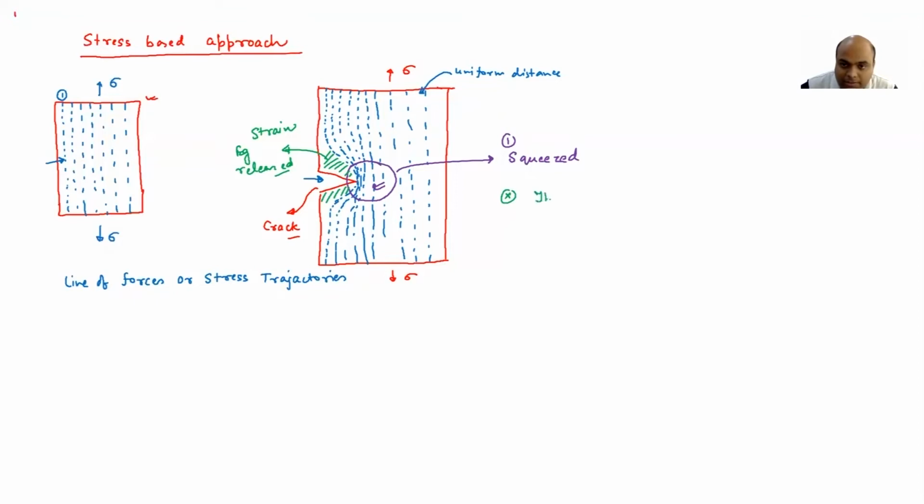So the local stress is proportional to the spacing between line of forces, or we call it stress trajectories.